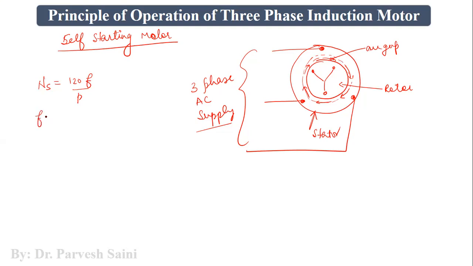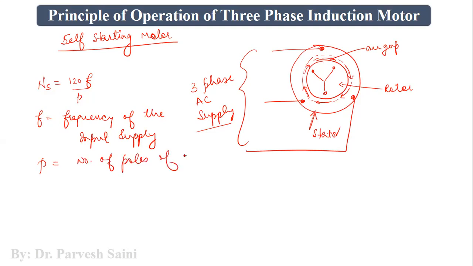Where f is the frequency of the input supply, right, and P is the number of poles of the motor.